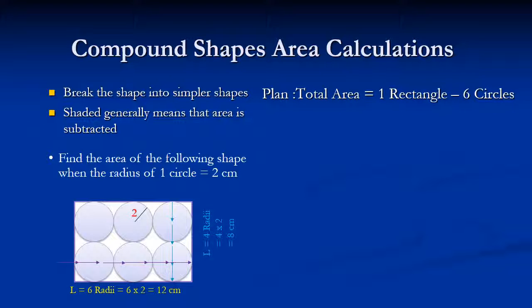We can say, well, our plan is going to get that one rectangle and we're going to minus 6 circles from it. So the formula for the rectangle is just length times width, and we're going to minus 6 circles, and so that's pi r squared and 6 lots of that. So 12 times 8 minus 6 times pi 2 squared, and we should get 20.26 square centimeters.